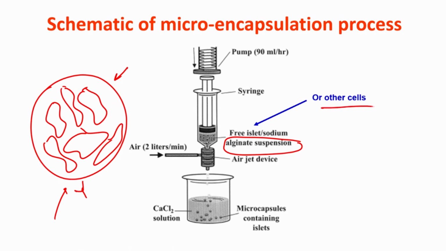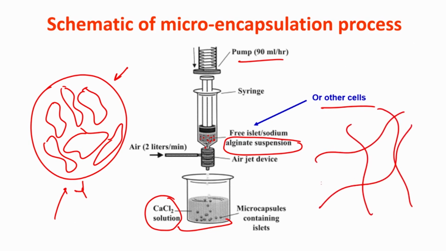You can put islets or some other cells for that matter, and then there is a pump which is pumping this alginate solution containing cells through a syringe with a certain diameter into a calcium chloride solution. So, what will happen is, if these are alginate chains, and again we have discussed this in our hydrogel class, which at this point are not cross-linked, the calcium, which is divalent, will start to interact with the negative charges that are present throughout these chains.